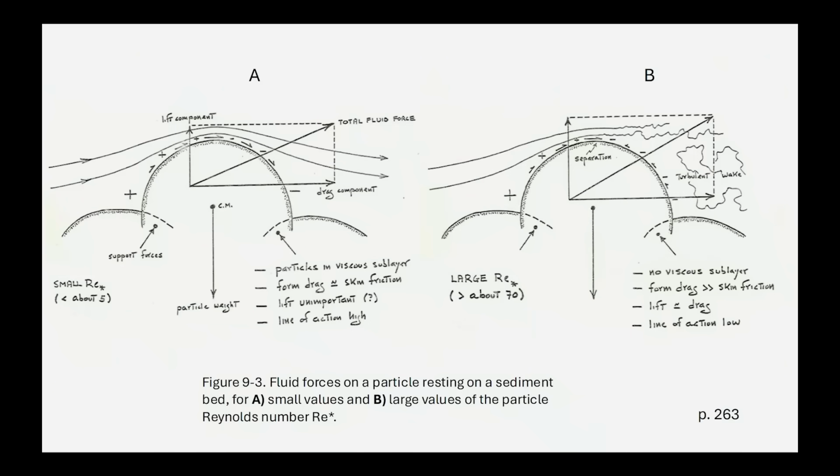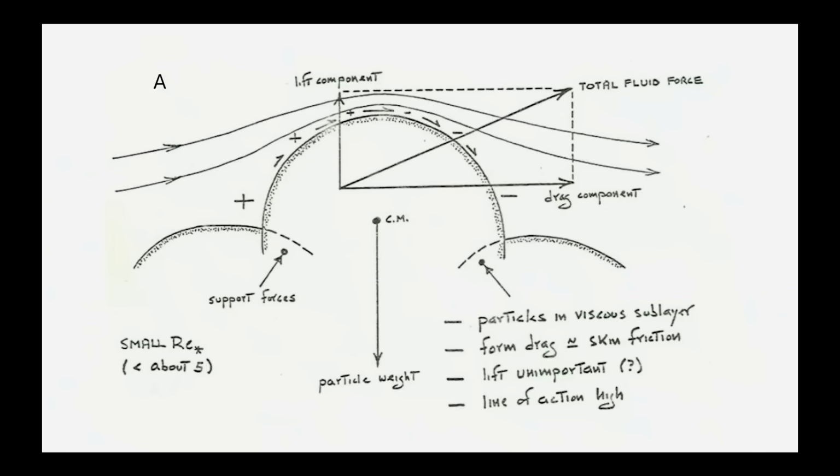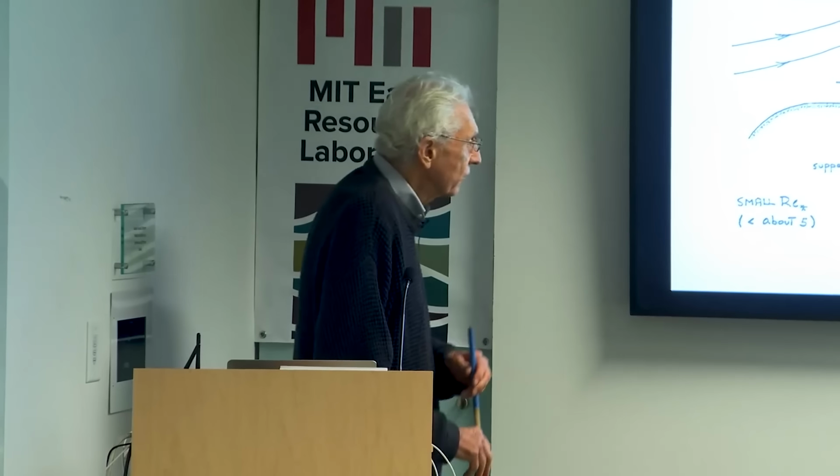This is a complicated slide, and I'm going to show it in two parts. Fluid forces on a sphere at low Reynolds numbers and at high Reynolds numbers, A and B. And just so you can read it more easily, I'll show you first the one at small Reynolds numbers. This is the one I defined for you, the boundary Reynolds number.